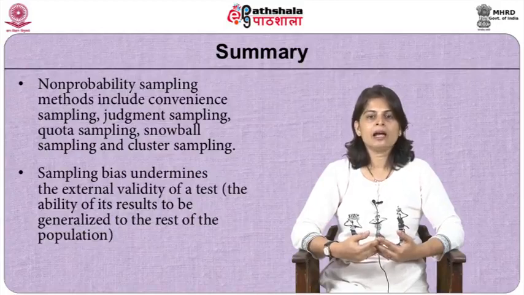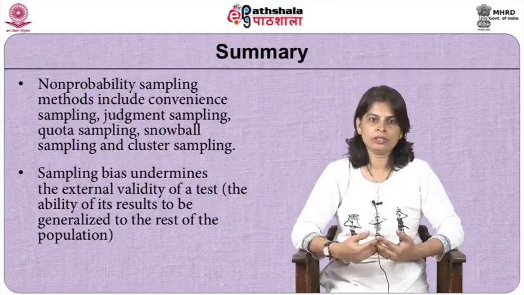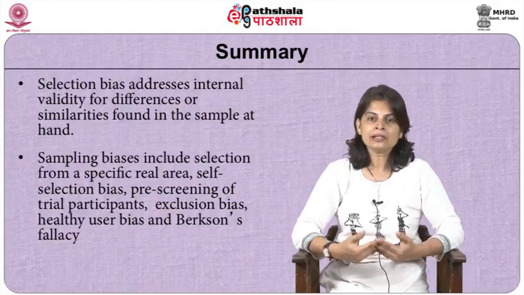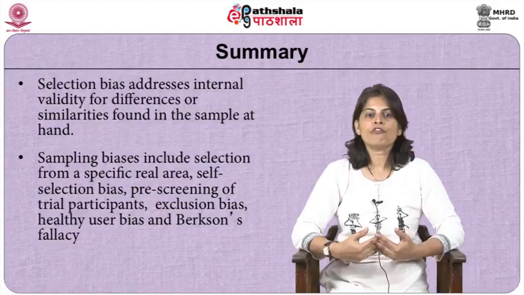Sampling bias undermines the external validity of the test, that is the ability of its results to be generalized to the rest of the population. On the other hand, selection bias addresses the internal validity for differences or similarities found in the sample at hand.